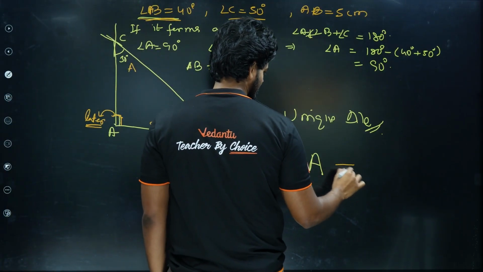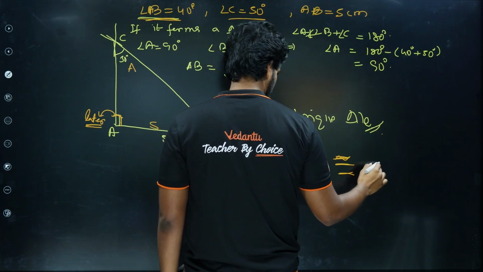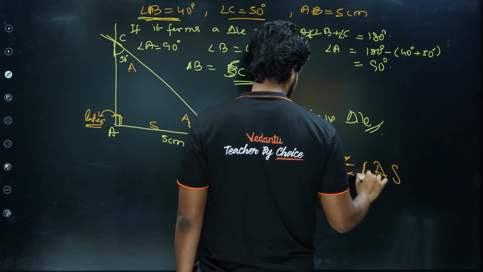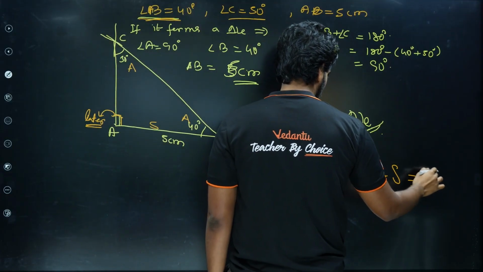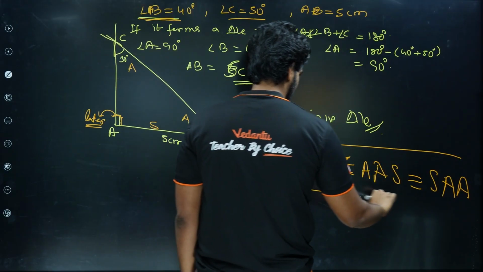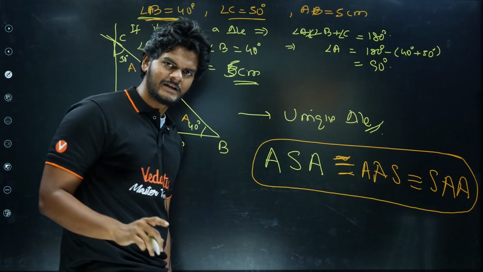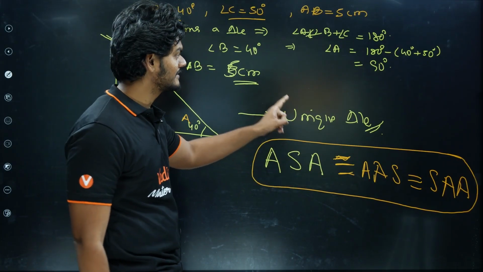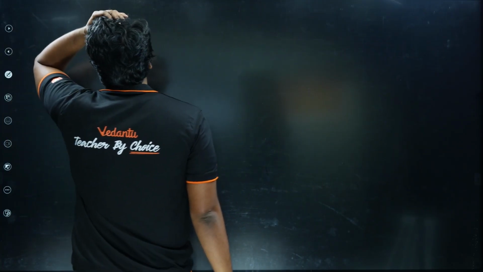So this is equivalent to angle side angle, or side angle, same thing. In whichever order you have side angle, or angle side, or angle side angle, all these three are the same. Please note this point. We will talk about the next one.